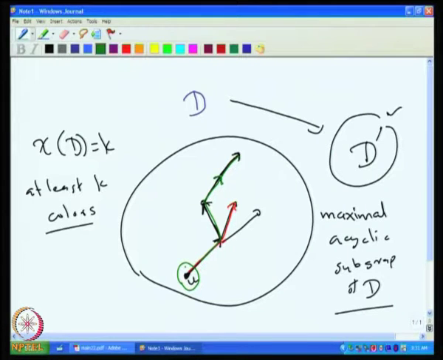Now every vertex got a color. We will claim that the colors we have given to each vertex define a proper coloring of this directed graph D, which means the number of colors used should be at least K. That means there should be one vertex which got the value K or more.